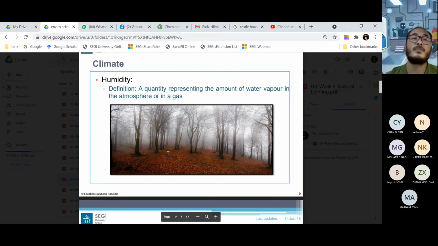Humidity is something actually unique, a quantity representing the amount of water vapor in the atmosphere or in gas. So we know that the atmosphere also has water vapor. Water vapor actually comes from heat, for example, the sun heats the lake or the sea, so some of the water will evaporate into the atmosphere.